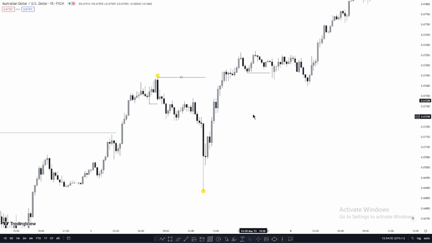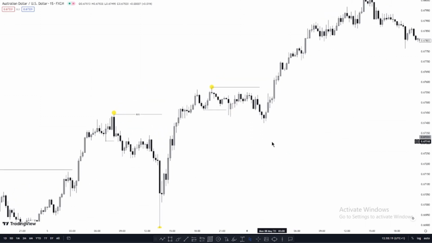All right? So when price took out that first internal structure low, this high is confirmed as a valid high. Okay? I want us to understand that one very, very well. And until that high is taken out and a candle closed above it, this low cannot be confirmed just yet.